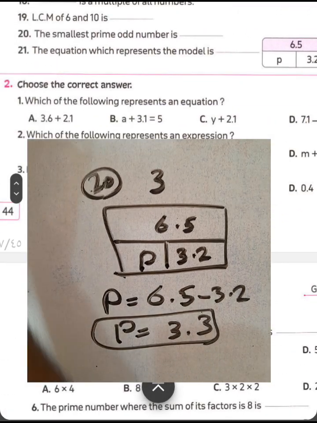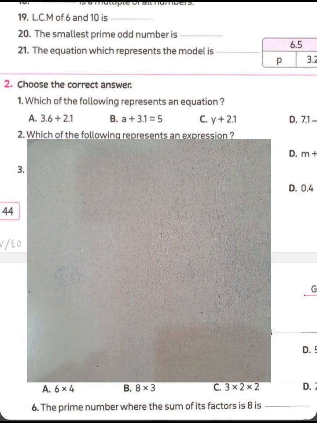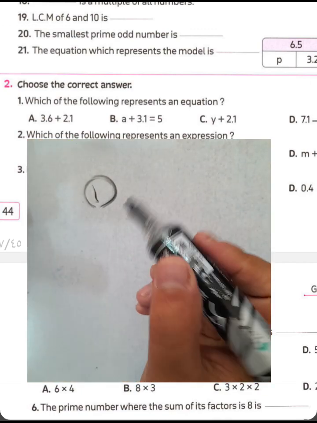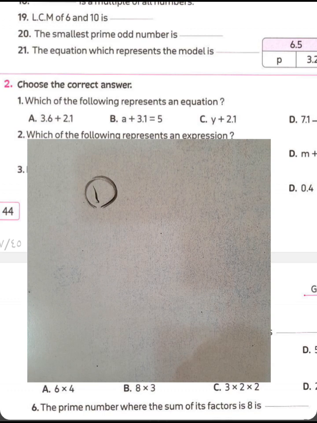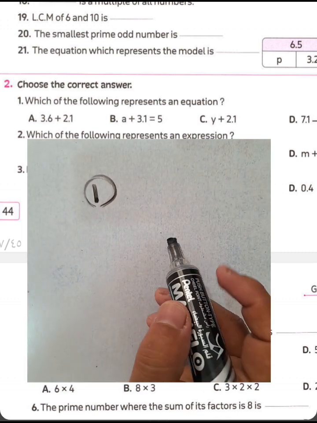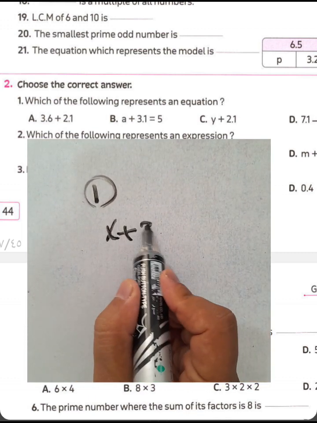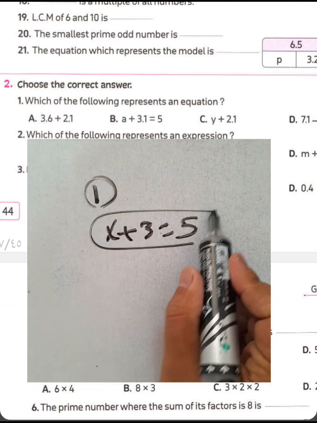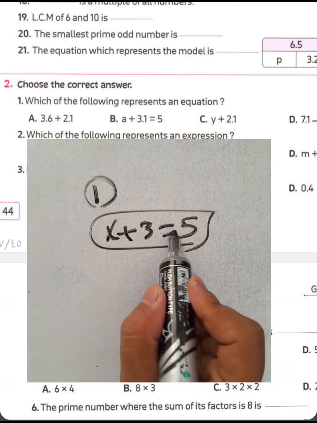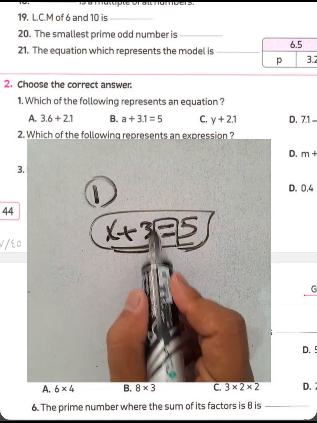Question number 2, choose the correct answer. Number 1, which of the following represents an equation? We know the equation is a relation between two expressions, such as x plus 3 equals 5. We call it an equation: a relation between two expressions with the equal sign between them.